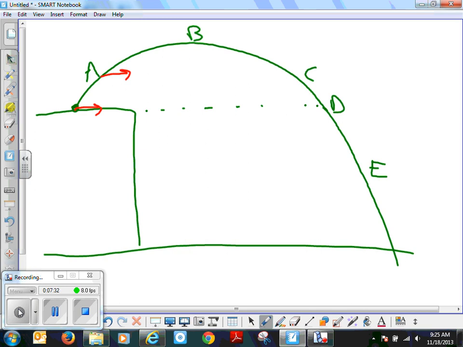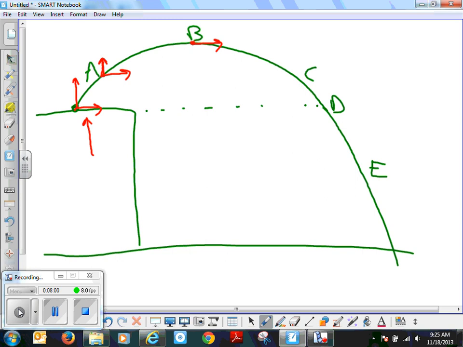The x velocity is the same. How about the y velocity? It's smaller up here, right? So if I have it here, and here it's going to be smaller. How about up here? What do we have? No y, just x, right? So the velocity at that point is equal to the x velocity in the beginning, because there's no y.